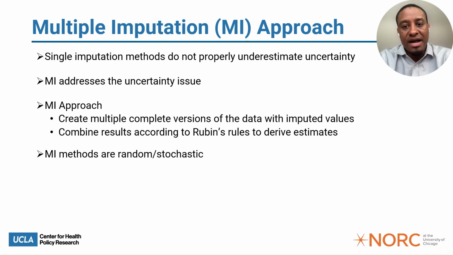Then, we combine the individual results from the different data sets according to Rubin's rules to derive the final estimate. The data replicates allow us to estimate the additional variance due to imputations using Monte Carlo techniques. By their nature, multiple imputation methods are random.